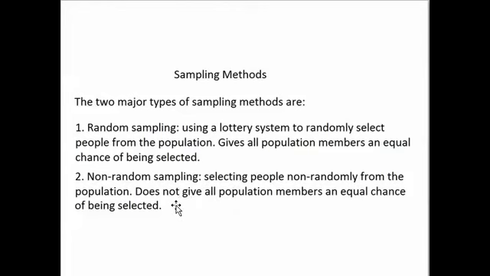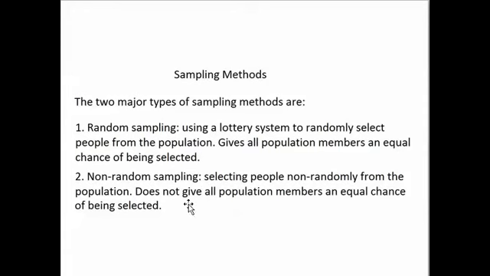In either case, the participants aren't being selected by a random drawing, and non-random sampling doesn't give all population members an equal chance of being selected. The major difference between random and non-random sampling is that random sampling gives all population members an equal chance of being selected, and non-random sampling doesn't give all population members an equal chance of being selected.